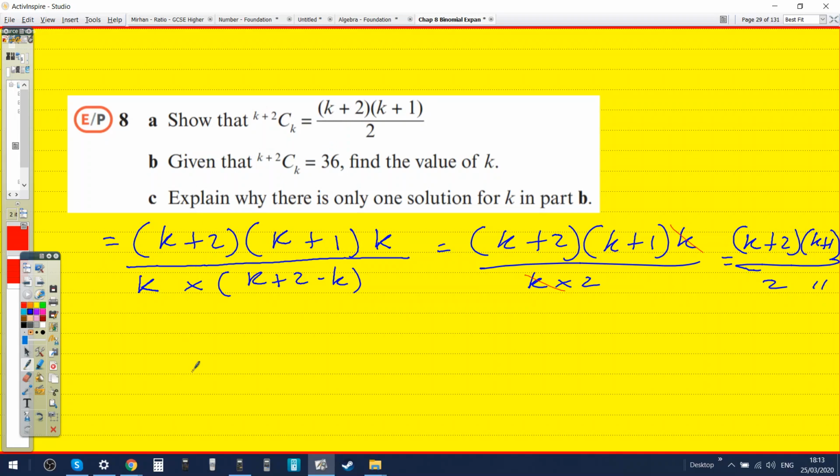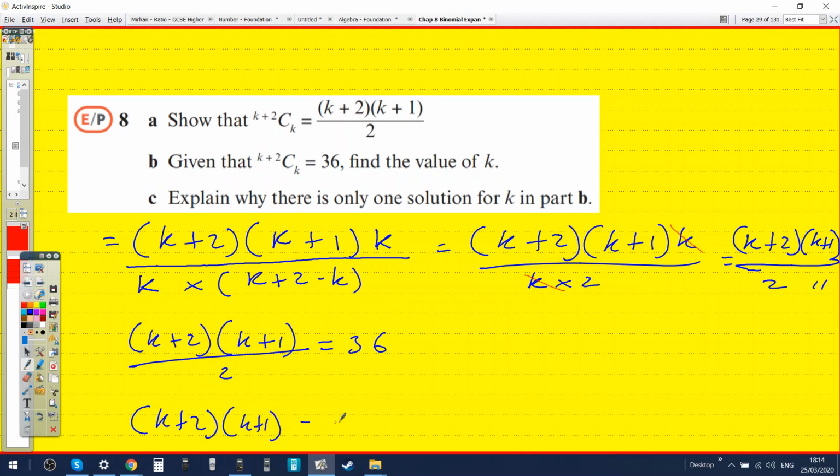How do we do question B? So you set that equal to 36. Yep. And then would you times the top by 2 and 36 by 2 to get rid of the fraction? Mm-hmm. So if you times the top by 2, do you just put 2 in front of the whole thing?